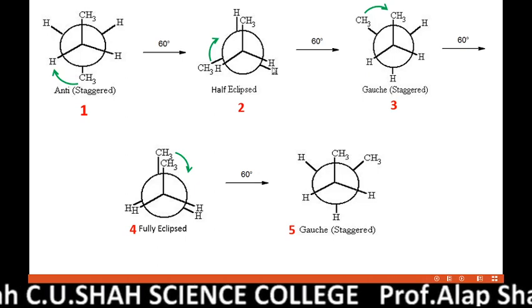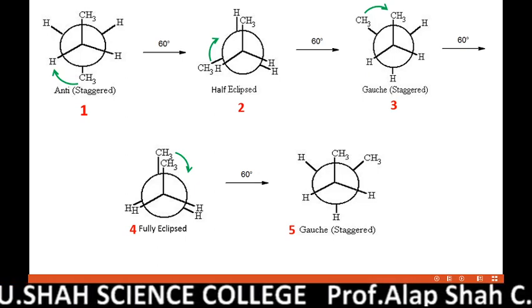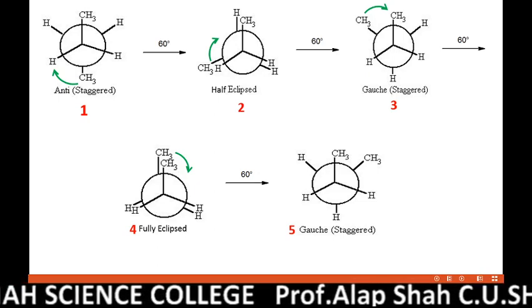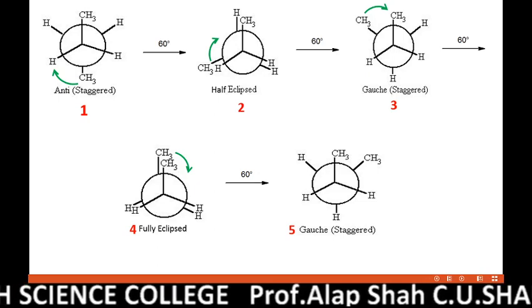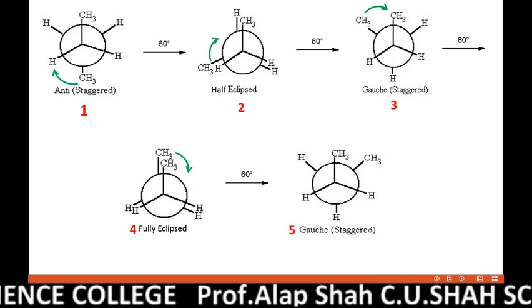So now with 60-degree rotation, we get from staggered to eclipsed conformer. And we know that in eclipsed conformer, the bonds are behind each other, which causes repulsion.